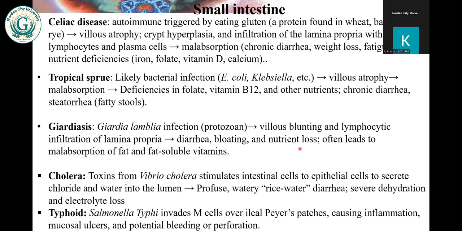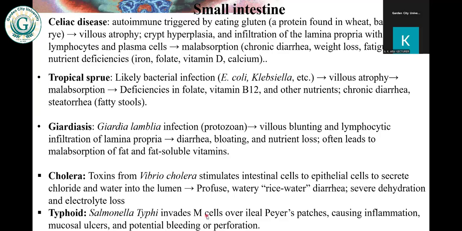Okay, so this one, when you read it, you can understand it. If you look at something like typhus, for instance, Salmonella typhi will invade the M cells.